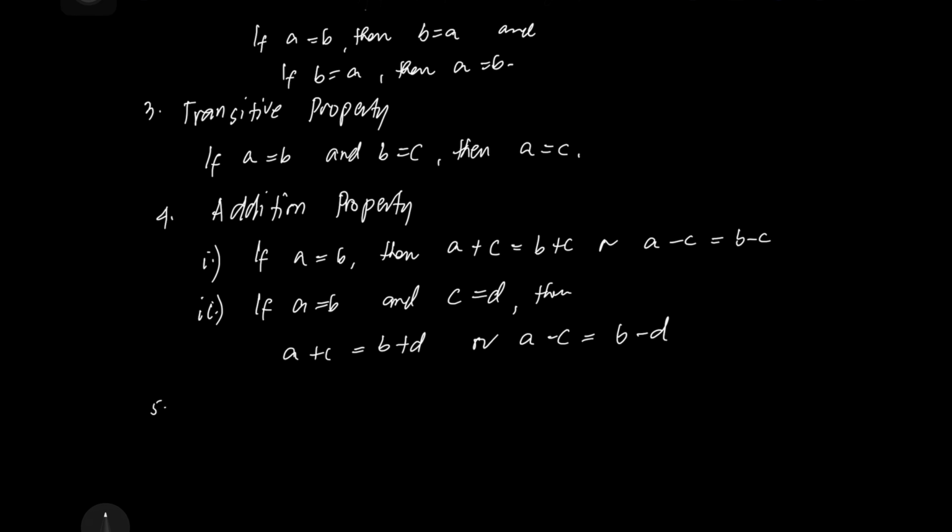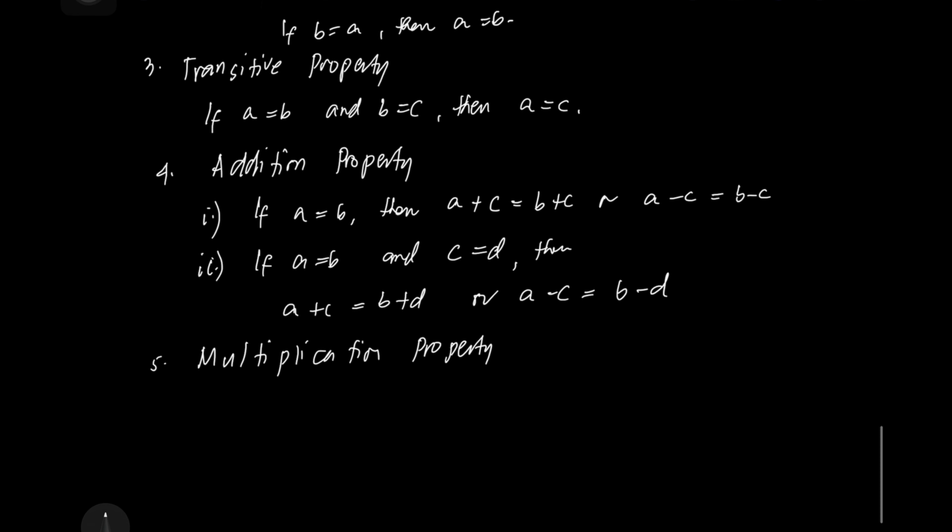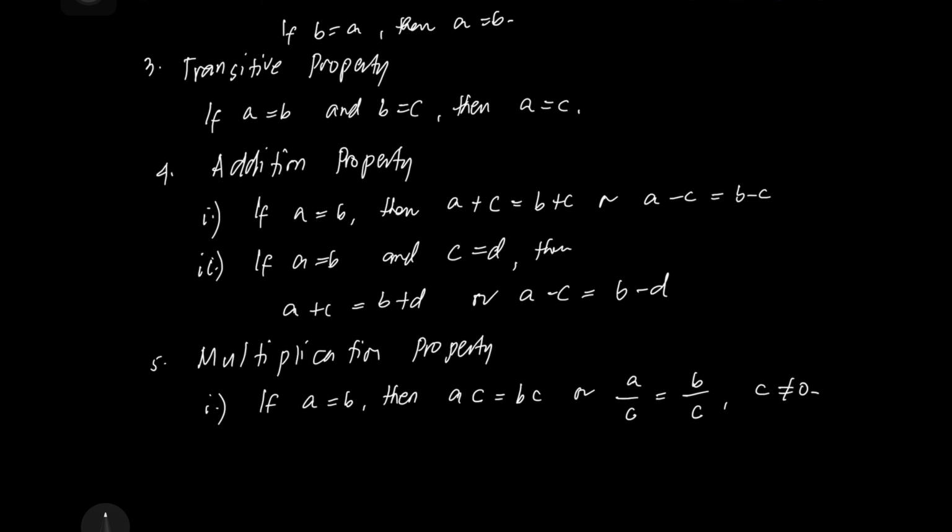Then the fifth property, which is very important, is the multiplication property. Multiplication property says that if A is equal to B, then A times C is equal to B times C, or A over C is equal to B over C, where C is not equal to 0.